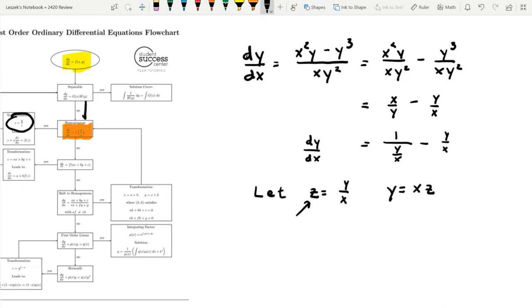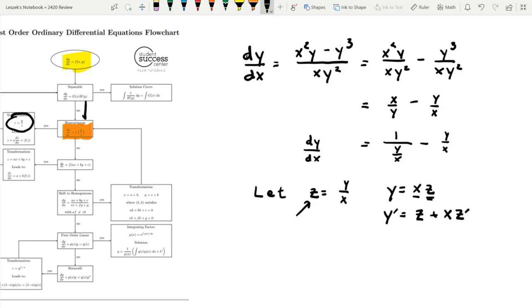So that's important to remember because when you differentiate y with respect to x, you realize that you have x times a function of x, so you do have to use the product rule. So differentiate x times z plus x times the derivative of z, and since we don't know what z is, we just call that z prime.